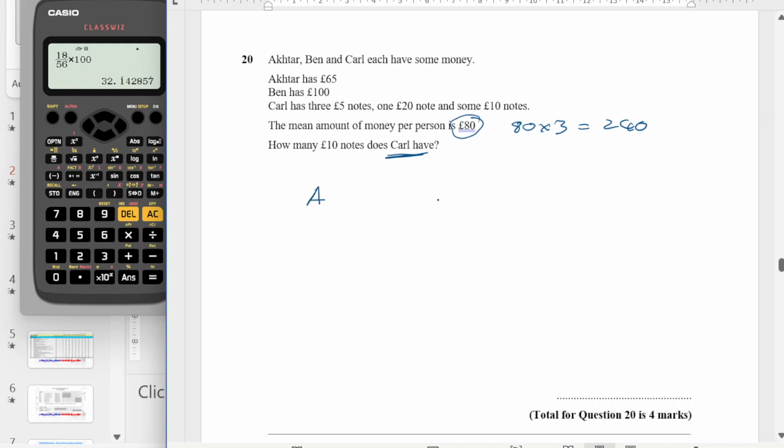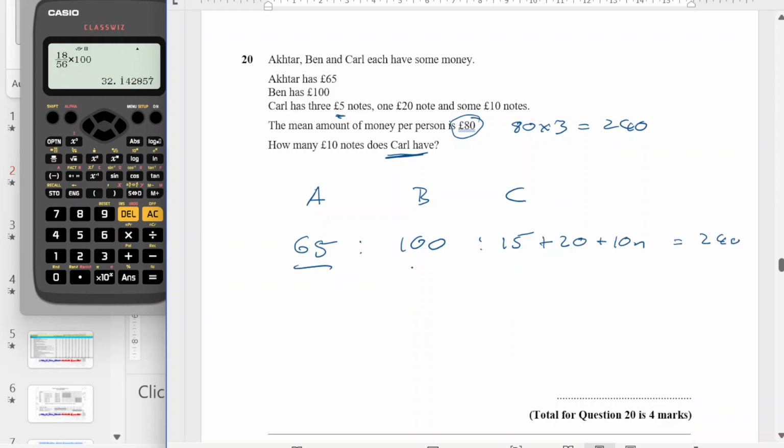If we think about it like this, A, B, and C, A has got 65, B has got 100, C has got 3 times 5, 15, and 20, and some 10s. So I'm going to call that 10N. And then the total amount is equal to 240.